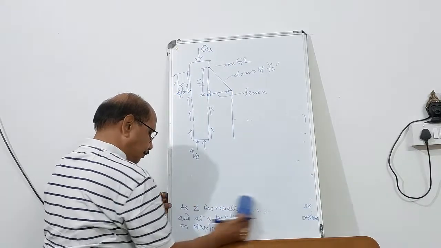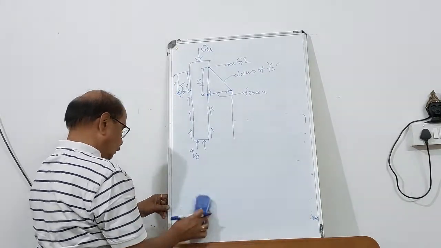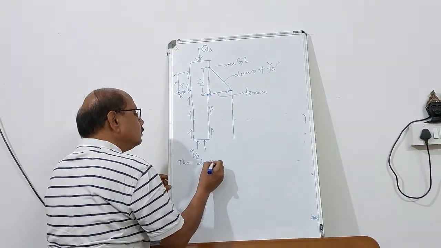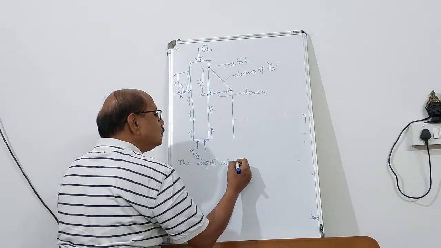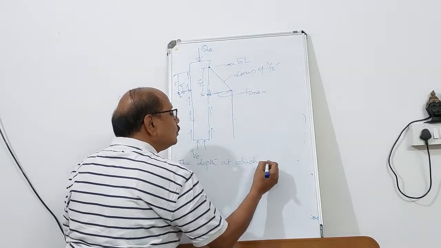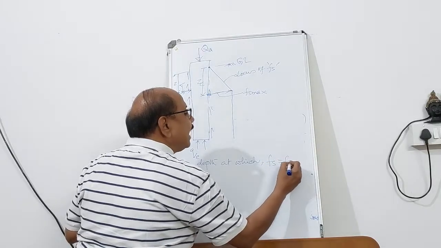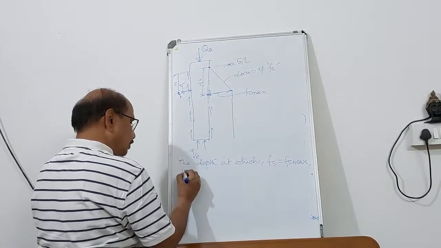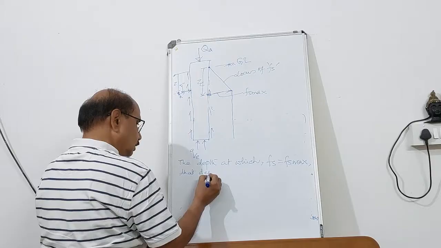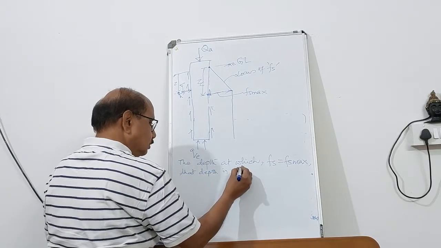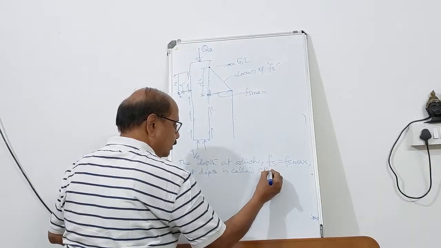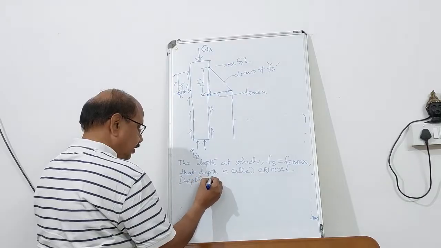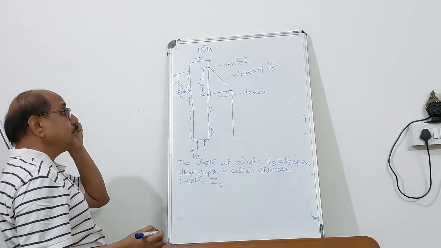Therefore, the depth at which Fs equal to Fs max, that depth is called critical depth.